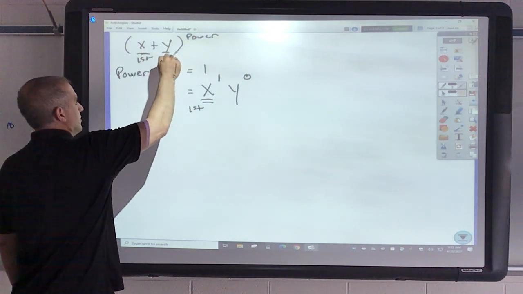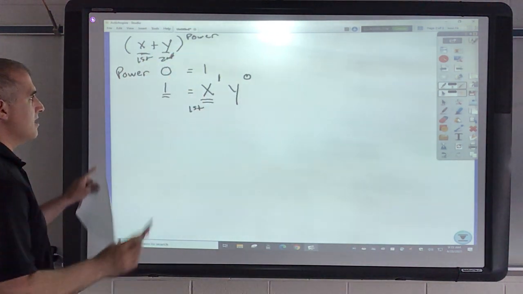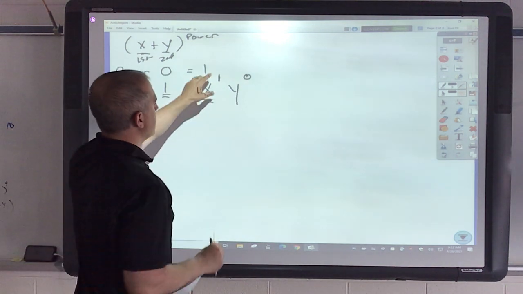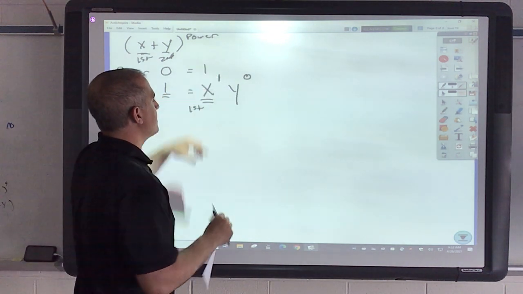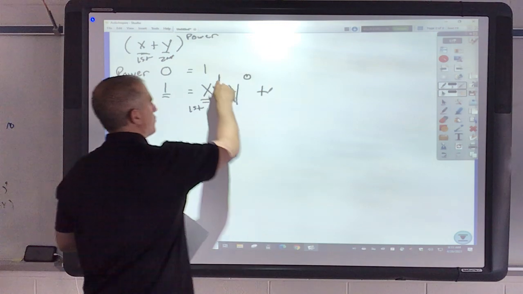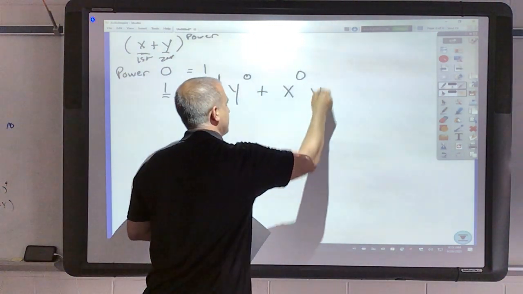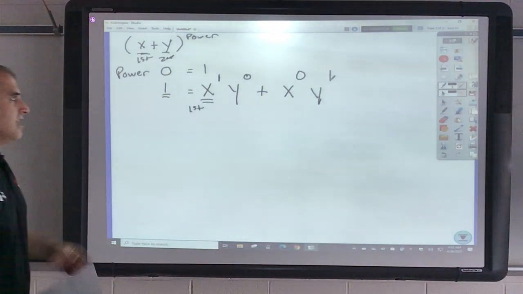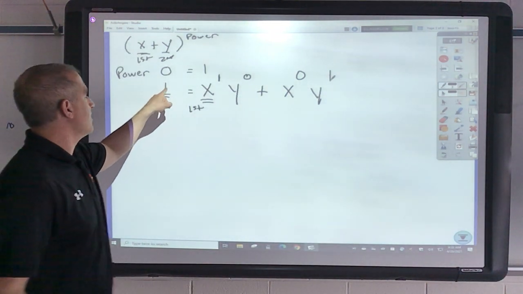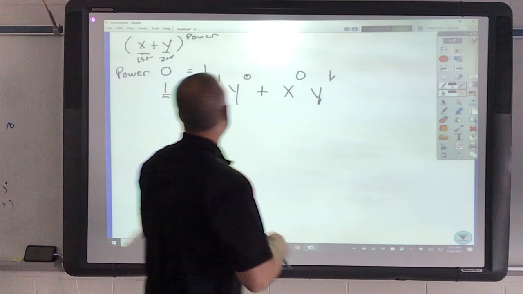I'll explain it in a little bit. The idea is that this next letter will drop down 1, and this letter goes up 1 as far as the exponent. How do you know you're done? Once the second letter reaches that same amount.